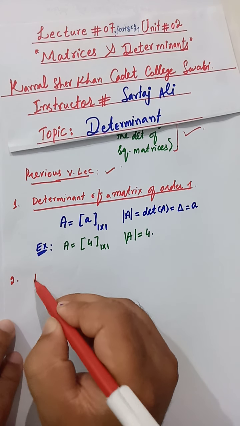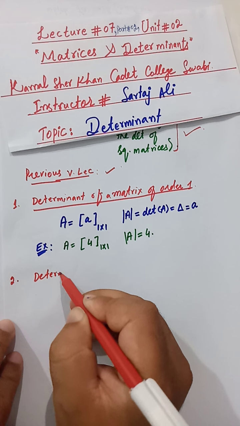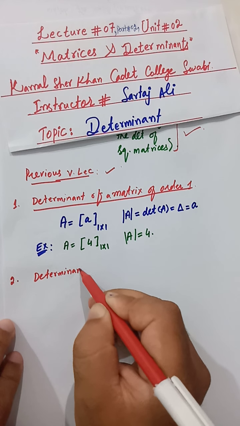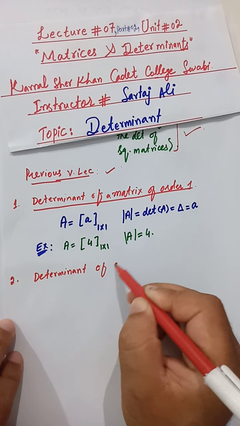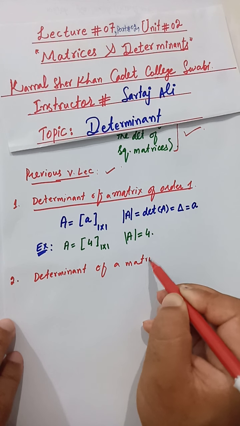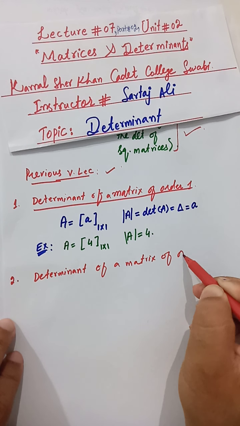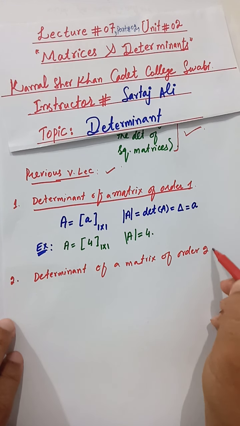Number 2, determinant of a matrix of order 2.